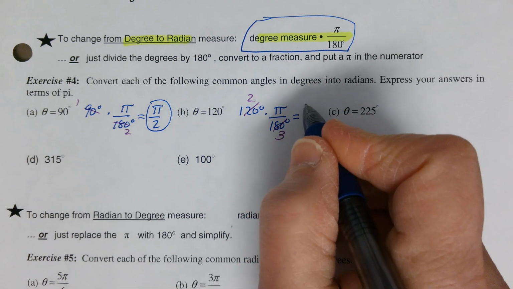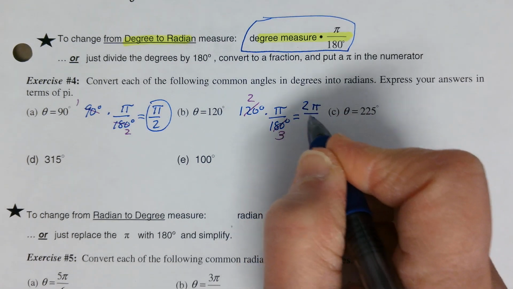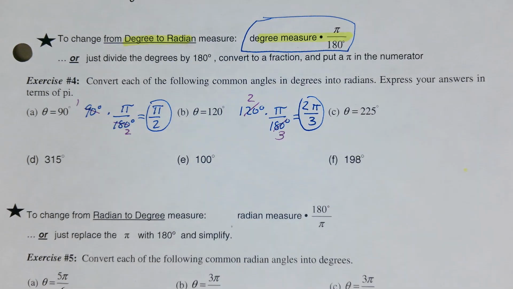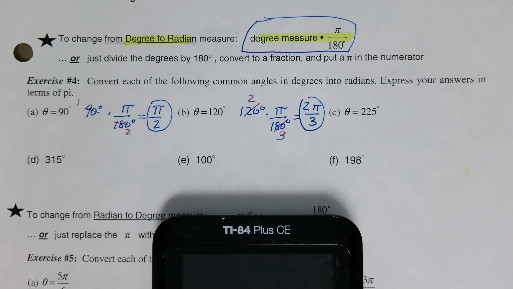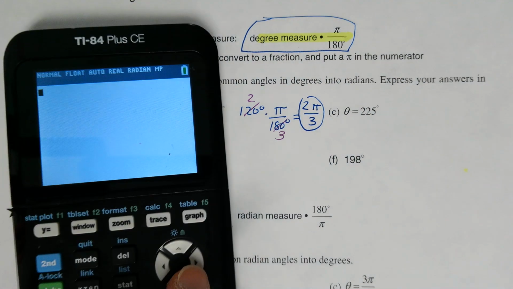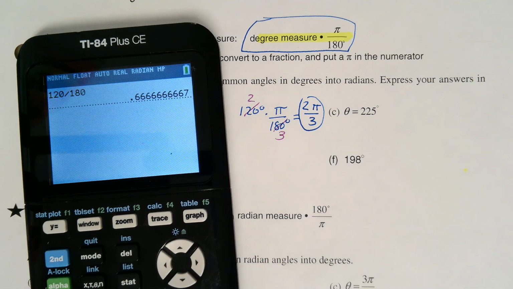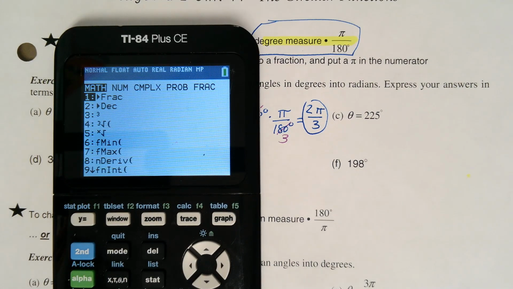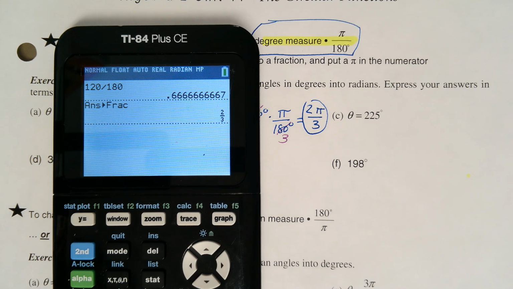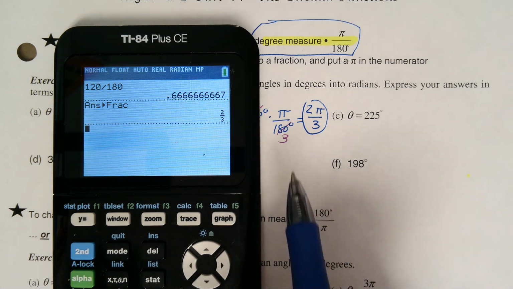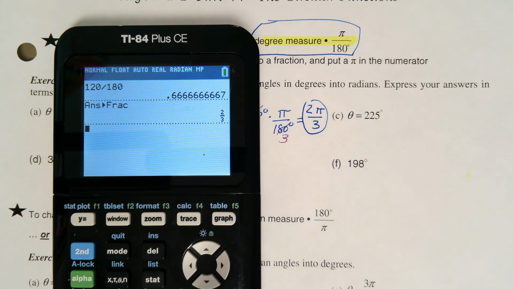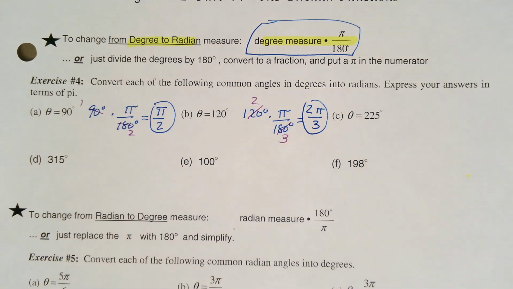So my answer would be 2 pi over 3 radians. Or you can simply take your calculator and take 120 divided by 180. Don't give me the decimal, math frac that. That's 2/3, all right? And just leave the pi in the numerator, so 2 pi over 3.